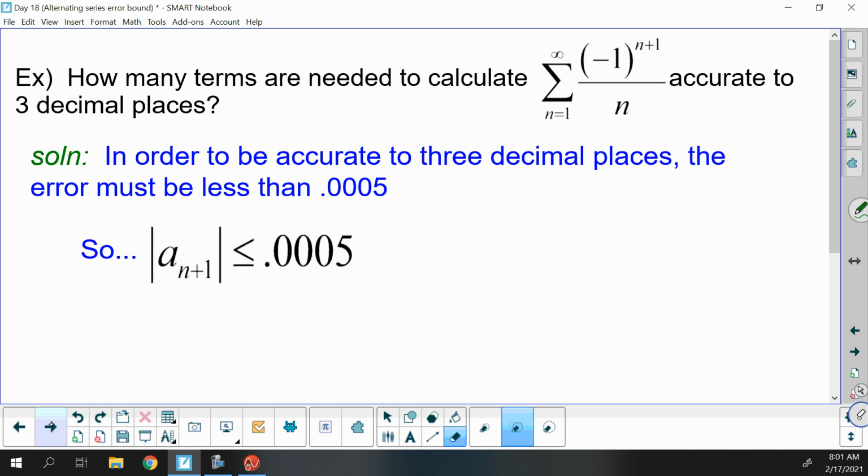Well, then we often had questions: how many terms do you need to be accurate within a certain amount? So within 3 decimal places, we want to be less than or equal to 0.0005. And again, that's due to the rounding. You're definitely not going to be bumping up or down by more than 5/10,000ths when you round.